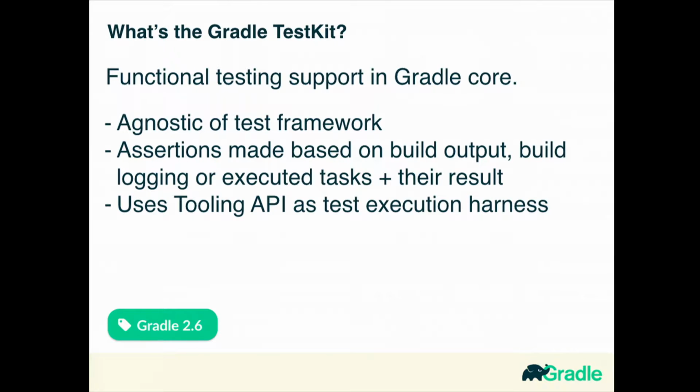And that's not different for Testkit either. So we use the tooling API as the actual test execution harness, send basically the information, whatever we want to run, to the Gradle daemon. It will be reused if it already exists, and we get back the result from the daemon to the actual process that starts the actual test.